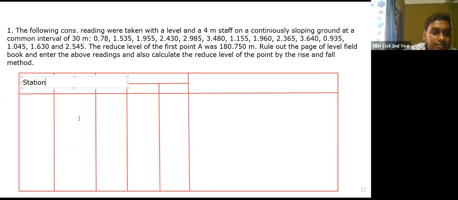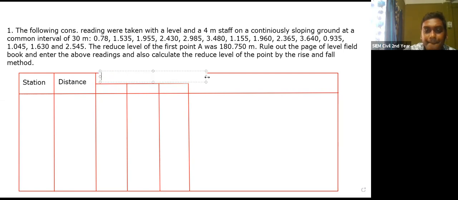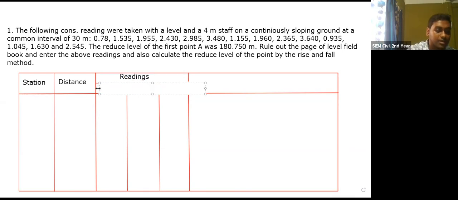First is station, second is distance. That is reading. That is BS.